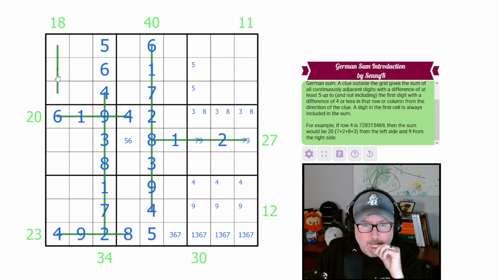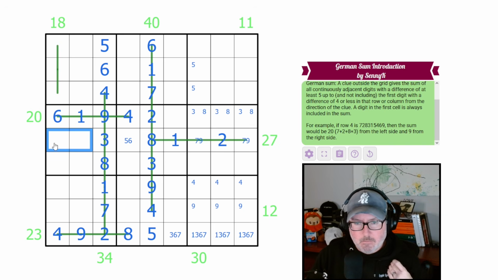Now, can we actually extend it to the 6? Because if we do extend it to the 6, this has to be a 1. And that'll get us to 7. And then these two digits have to take on 11 more. That could work, yes. So, does that inform us what these can be?